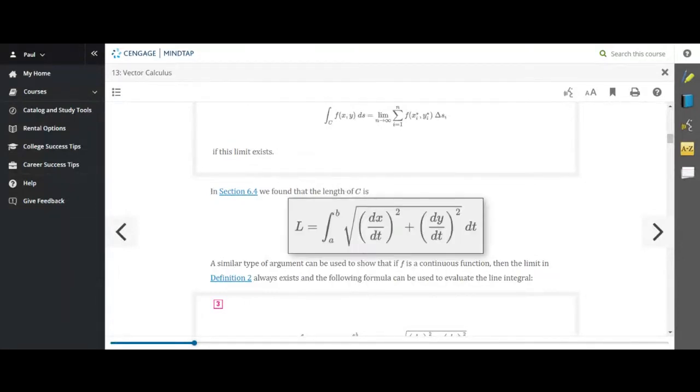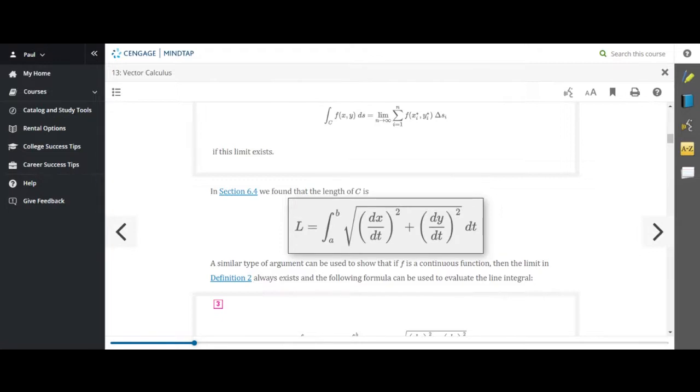You found lengths of arcs before. How many remember doing this in calculus 2, finding the arc length, and this is your arc length formula? How many remember that? Sure, Juliana remembers that.